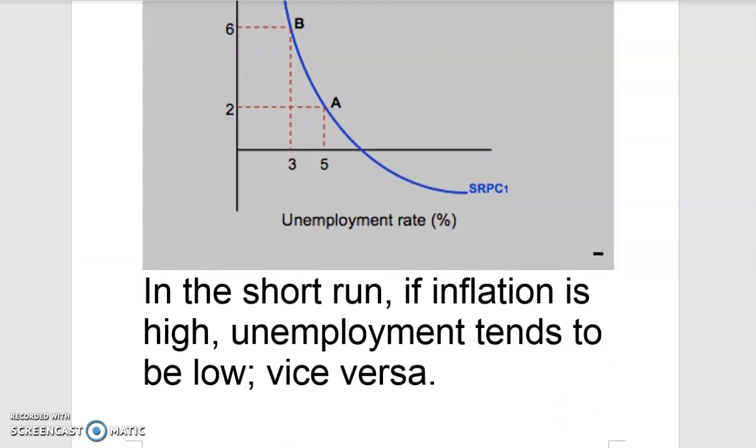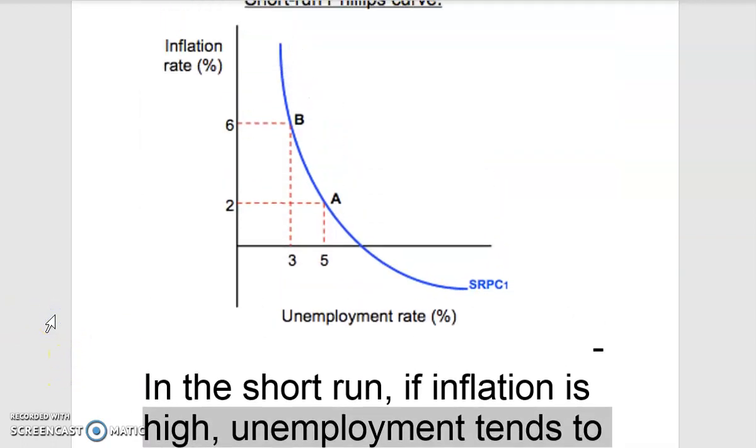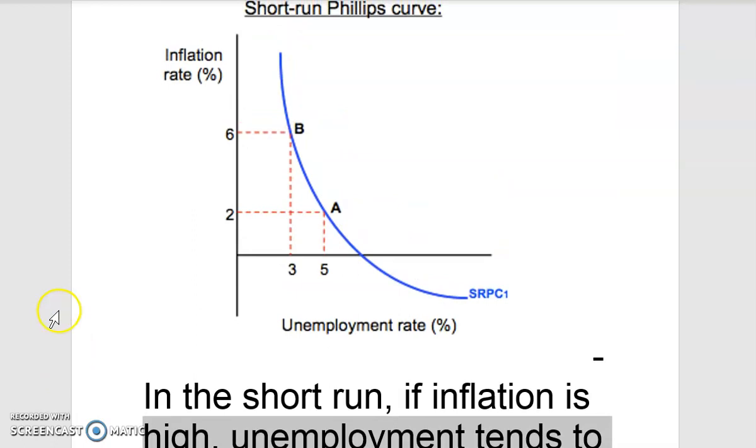So in the short run, if inflation is high, unemployment tends to be low, vice versa. And this is the Phillips curve. In the United States, usually if the unemployment rate is around 5, which is the natural rate of unemployment, then the inflation rate is usually around 2%.